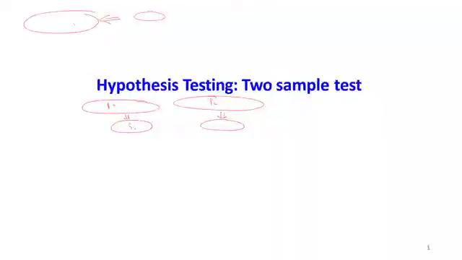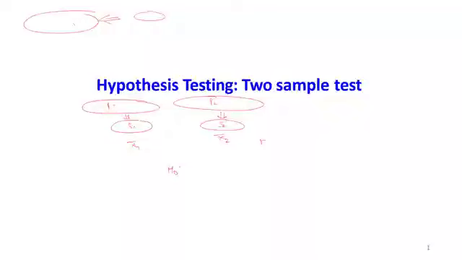Let's call them S1 and S2. You will compare whether these are statistically similar or not. Again, the hypothesis here, if you are going with a continuous variable, would be x1 bar and x2 bar.